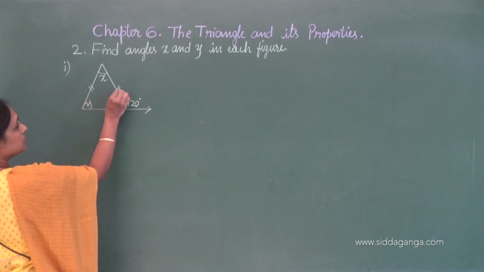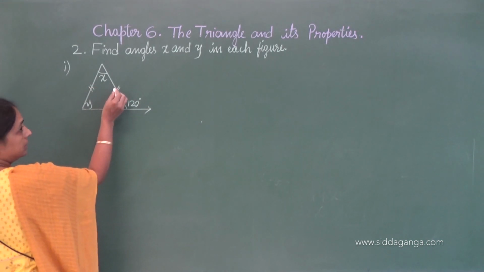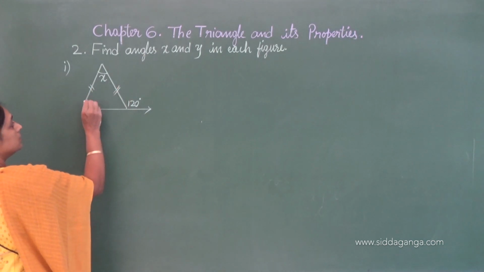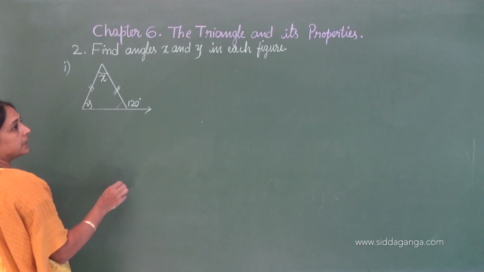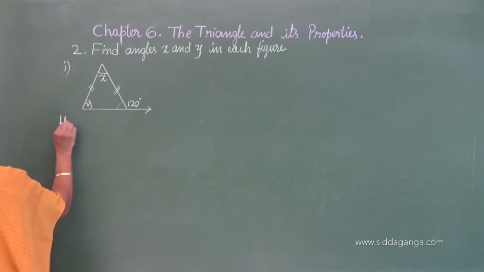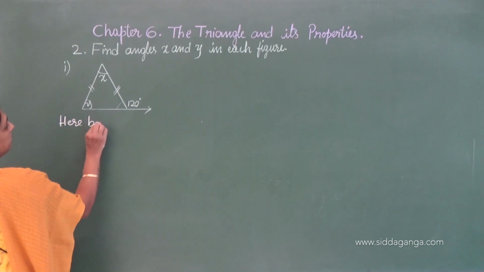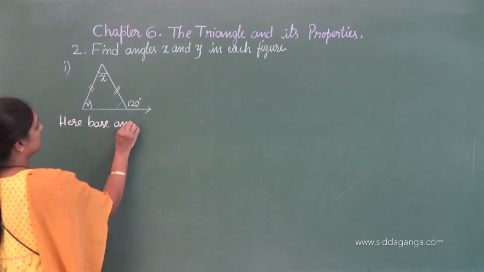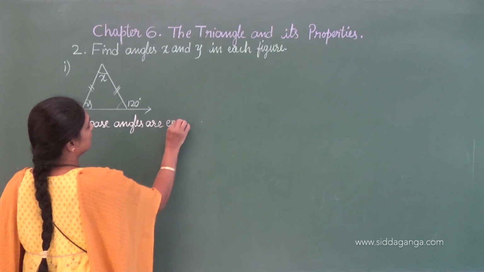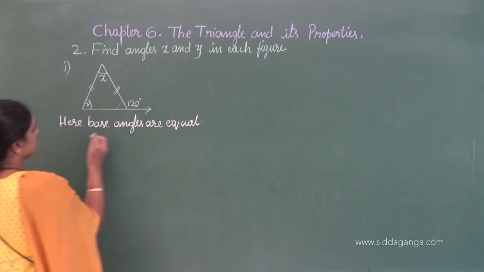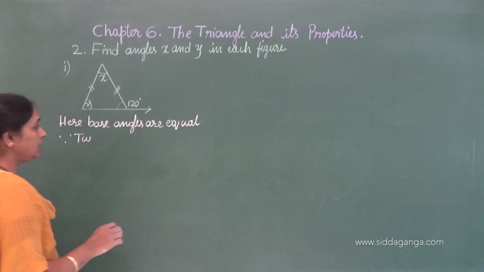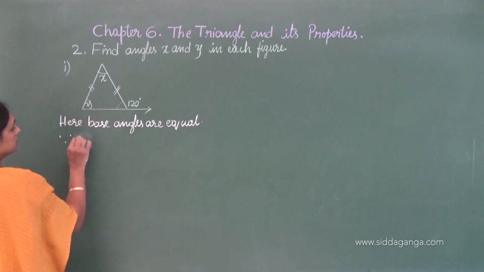Then if these two sides are equal, then the angles opposite to these two are this angle and this angle. These are called base angles. Here base angles are equal since two sides are equal here.